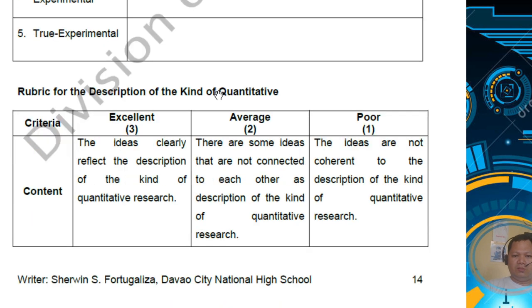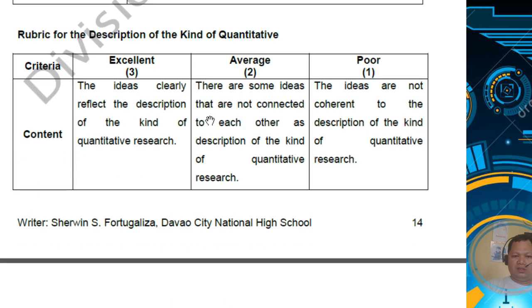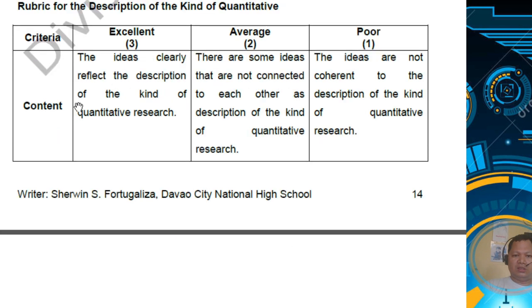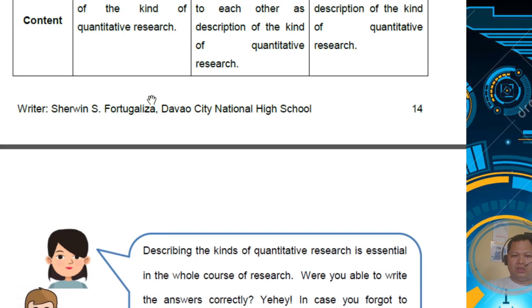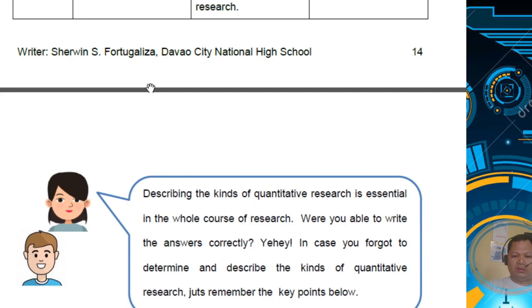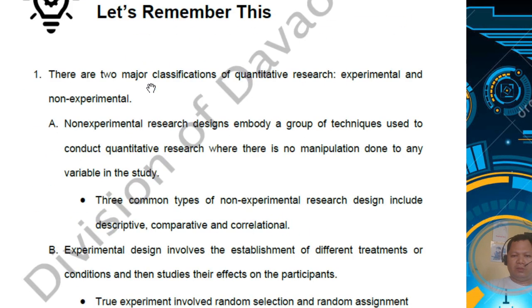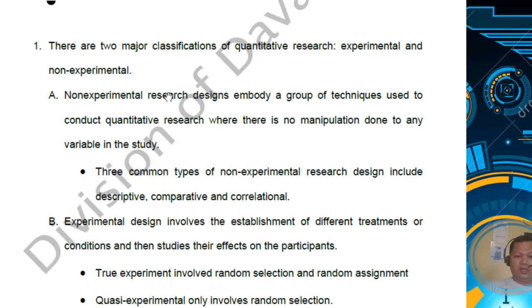This is the rubric for grading. We have this criteria: content. Excellent, ideas clearly reflect the description of the kind of quantitative research. That is for 3 points. Let's remember this. There are two major classifications of quantitative research: experimental and non-experimental.